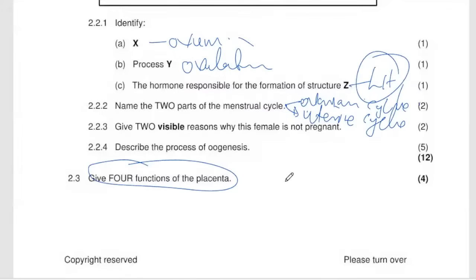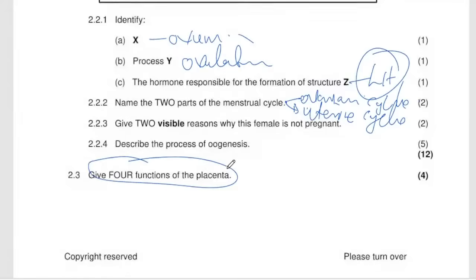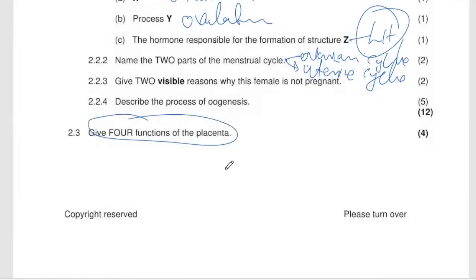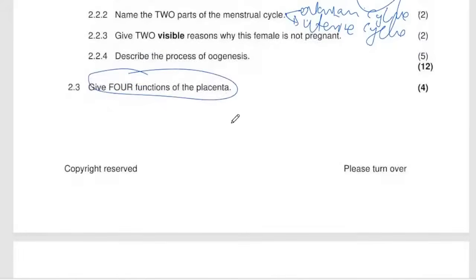Yes. So you see that all the processes you have are basically what is being done by the placenta. It is also the point of attachment between the mother and the baby. So the placenta has a lot of functions. So if such a question comes, you have no reason why you should fail that question.